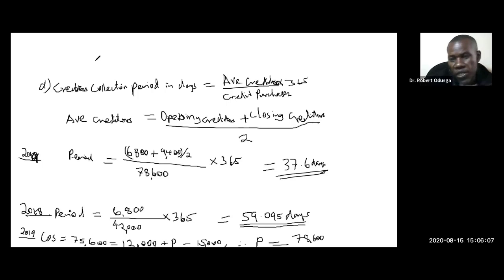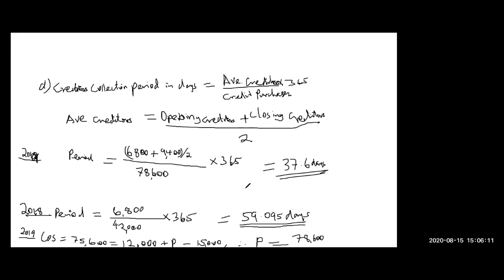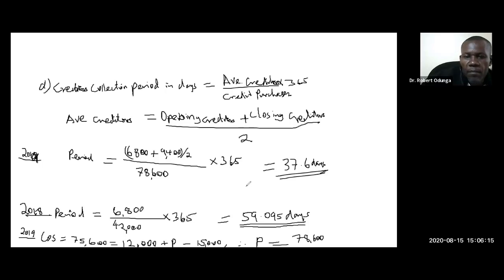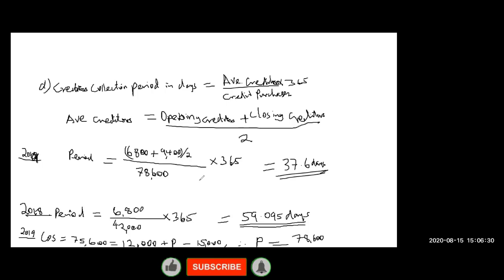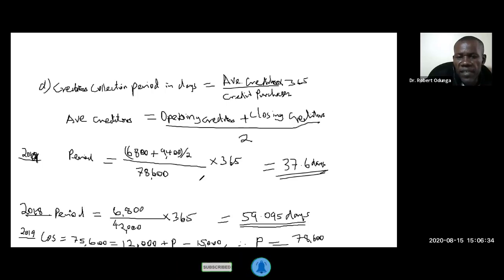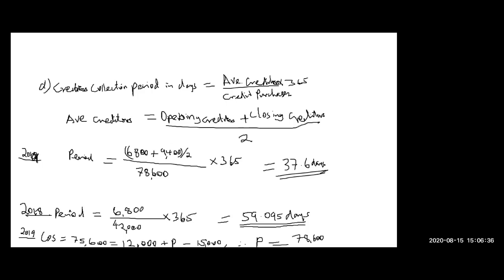This is a good indicator that can only be seen if you compute a ratio, or something more than the figures we just see from the statement. This is what we need to do when determining the ratios and then giving the interpretation, so that you are able to make the right or informed decision.